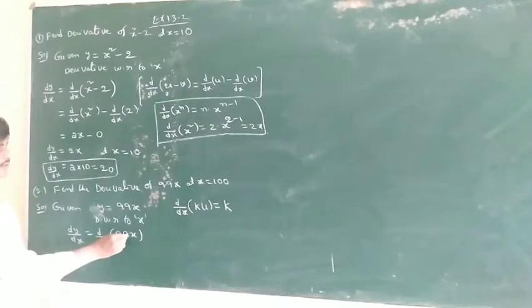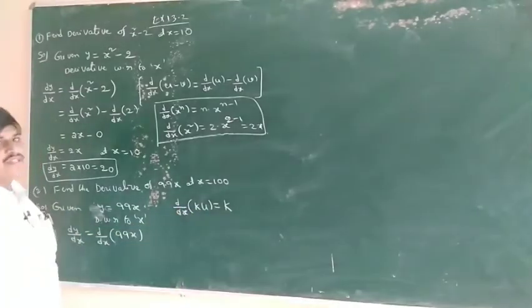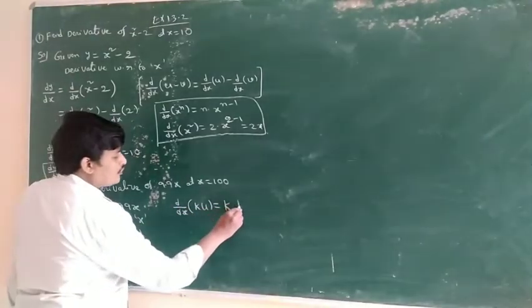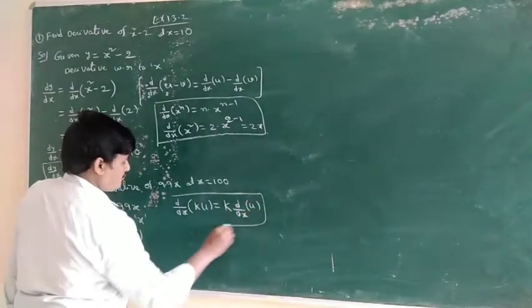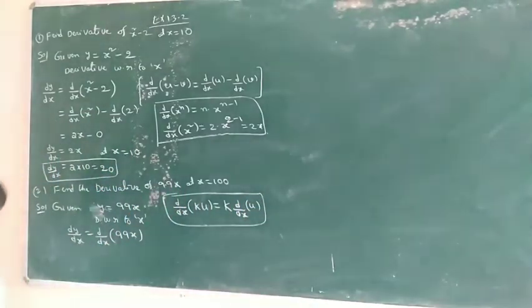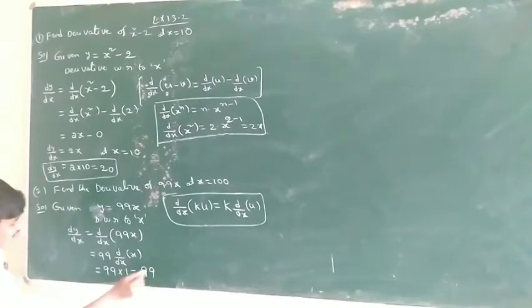Here k is equal to 99, u is equal to x. So d by dx of k into u is equal to k into d by dx of u. So that is equal to 99 into d by dx of x. So 99 into d by dx of x, which is 1. 99 into 1 is equal to 99.